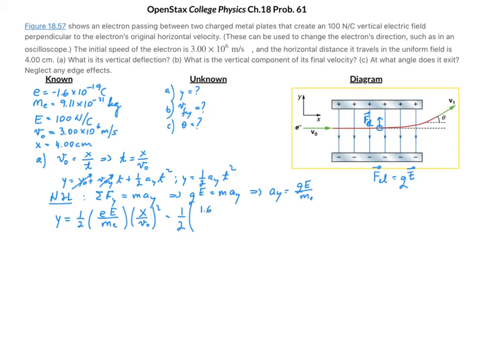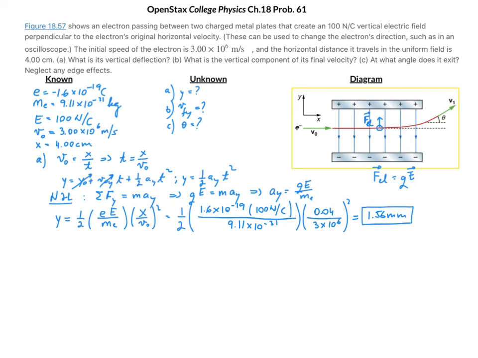So that is 1.6 times 10 to the negative 19th coulombs times the electric field, which is 100 newtons per coulomb, divided by the mass of the electron, which is 9.11 times 10 to the negative 31 kilograms. And x is 0.04 meters, divided by v naught, which was 3 times 10 to the 6th meters per second. When we plug these numbers into our calculator, we end up with a deflection of only 1.56 millimeters.